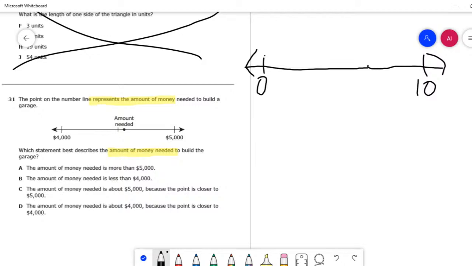The structure of a number line is we have the smallest number to the left. Let me just label this. So this is our smallest number, and this 10 all the way to the right is our largest or greatest number. And in between there is where we have all our other numbers.